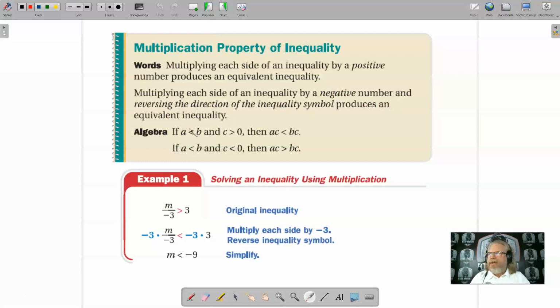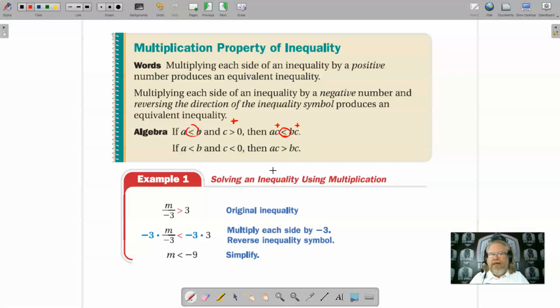In algebra, we would say that if A is less than B and C is greater than 0, so this is a positive number, right? Then multiplying both sides, multiplying A by a positive and B by a positive, notice that our symbol remains the same. I better circle it so we don't think that that's part of the symbol there.